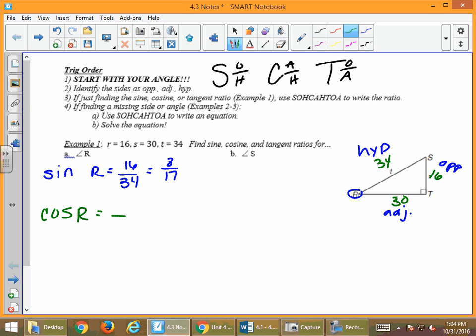What over what gives us cosine? Adjacent over the hypotenuse. What is our adjacent side? Over what's our hypotenuse? And then always simplify down your fraction. What does 30 over 34 simplify down to? 15 over 17.